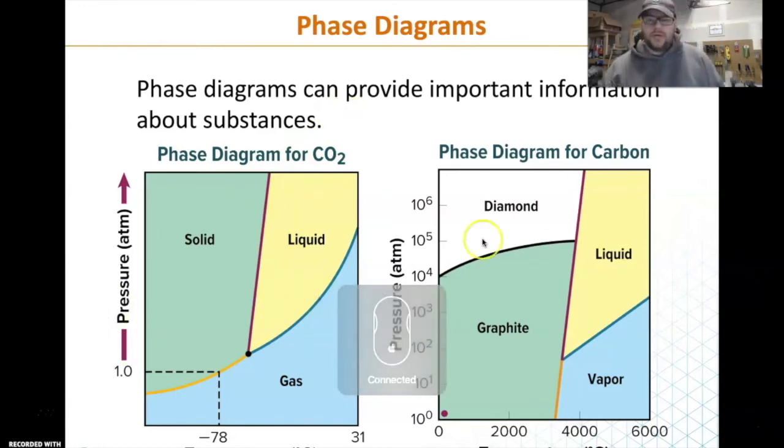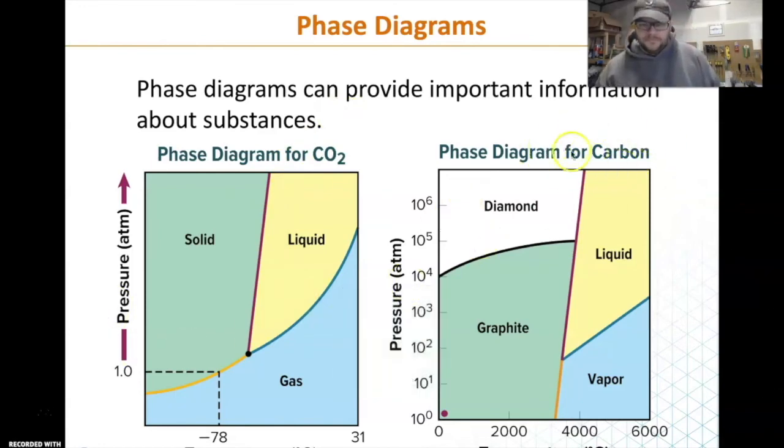All right, over here we have carbon, and here's 10 atmospheres. This little dot represents about 1 atmosphere, about where we're at. So 10 times the pressure that we're under right now, this is where it would be. You can imagine it'll go way up here, about 1,000,000 atmospheres.